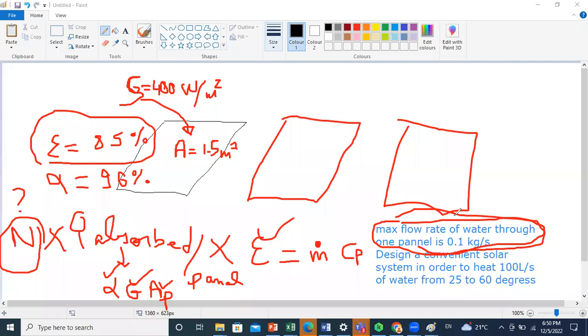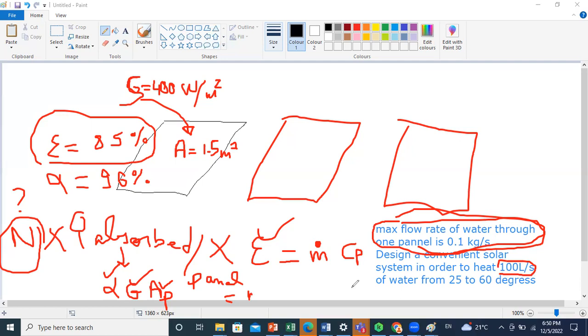Okay. So here, this is equal to m dot. Here, if they say that in total we want to heat 100 liters per second of water, of course this 100 liters per second will not go through one panel; it will be distributed over all panels.